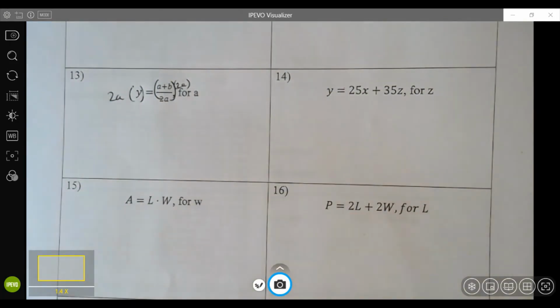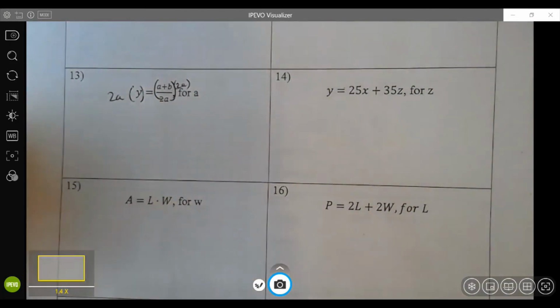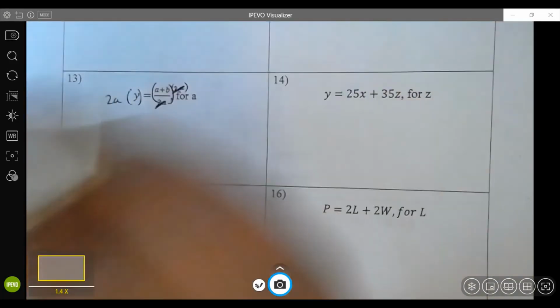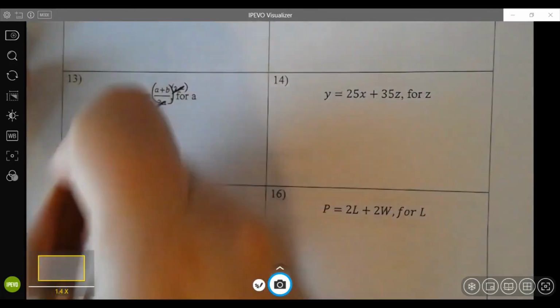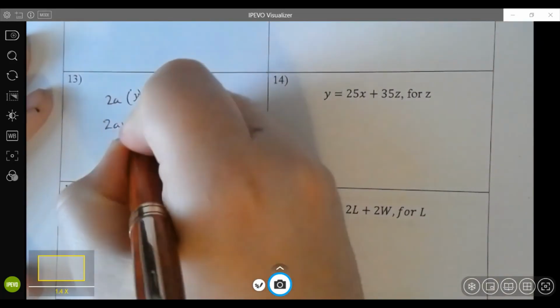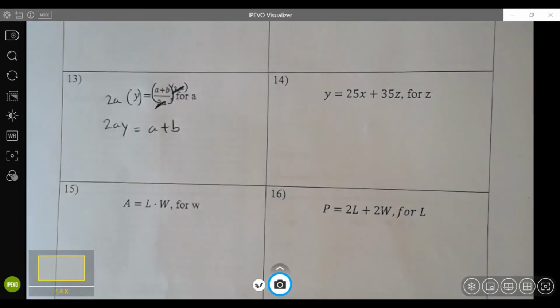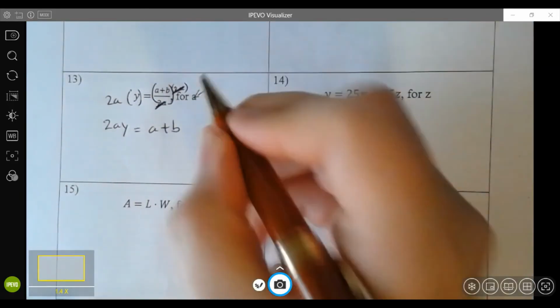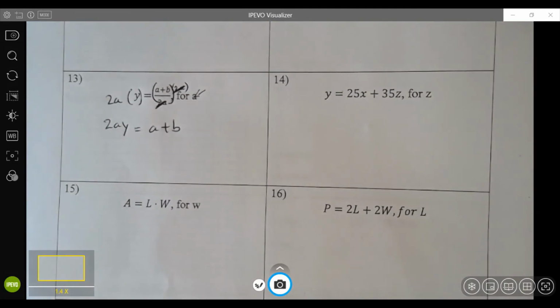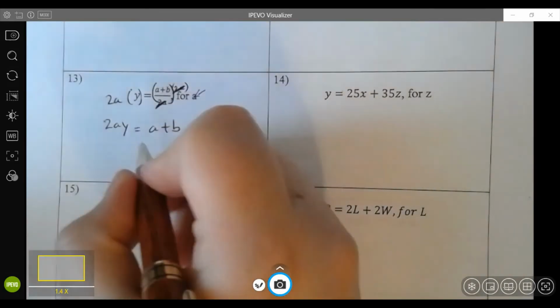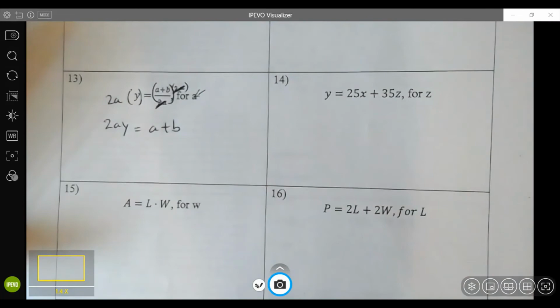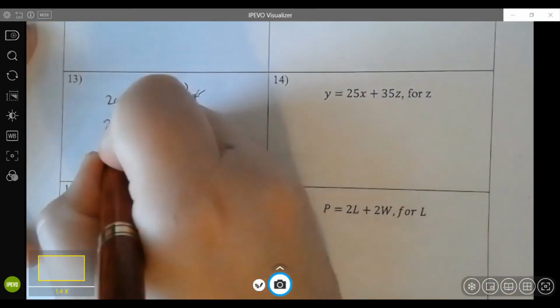Remember, whatever you do to one, you got to do to the other. So what happens is this 2a and that 2a cancel each other out. So you're left with 2ay equals a plus b. And just keep in mind they're asking you to solve for the letter a. So next, let's subtract a from both sides.